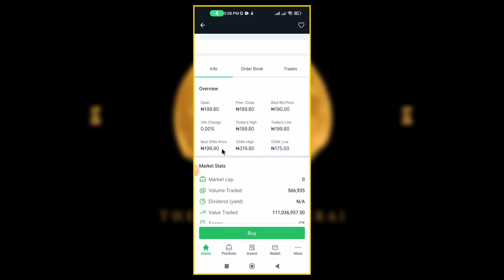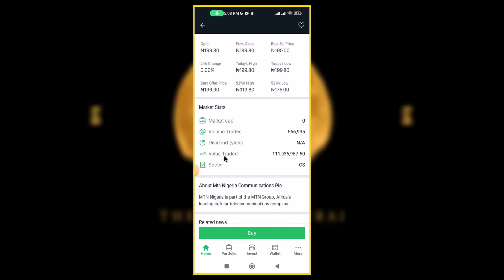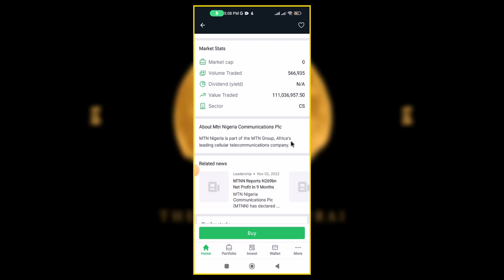Best offer price 196, highest in the last 52 weeks 319. So the stock sort of dipped, and lowest in the last 52 weeks is 175. So you come here, you see the traded volume, and then you see the value traded. So there's just a brief description about the company that you want to invest in.